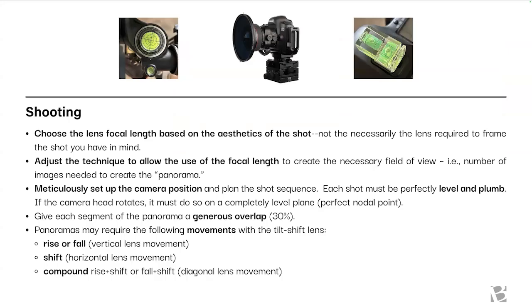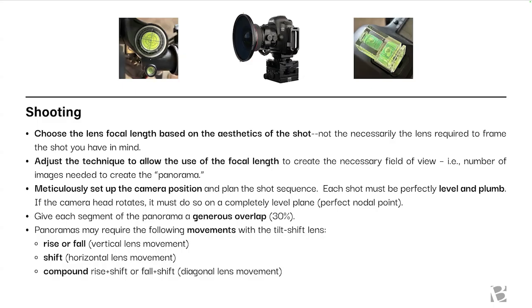And so the way to put this together is to choose the lens based on the aesthetics of the shot. The lens that you think is the right lens for the shot, not necessarily the lens that is the right lens to capture the entire shot.